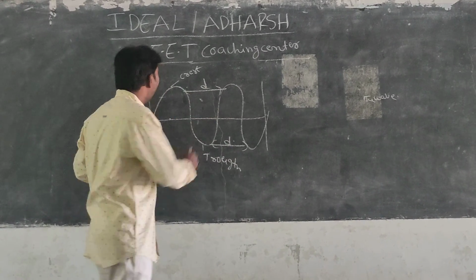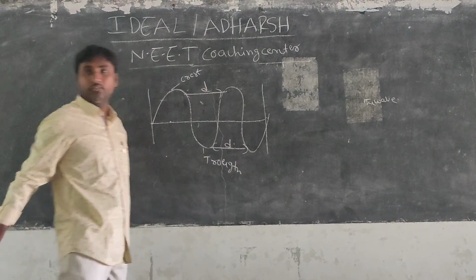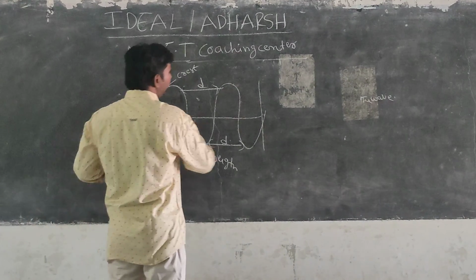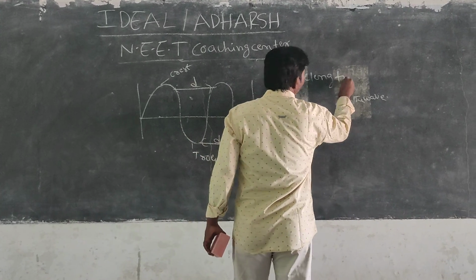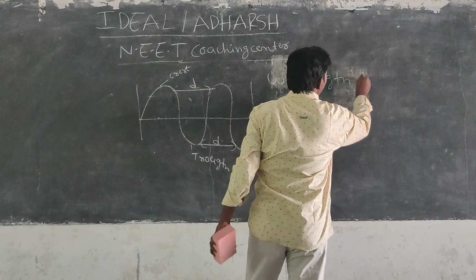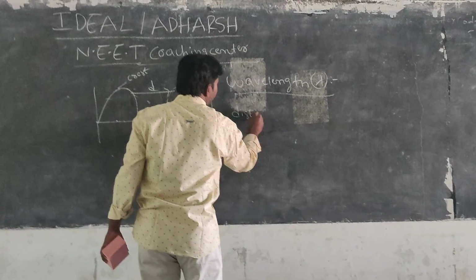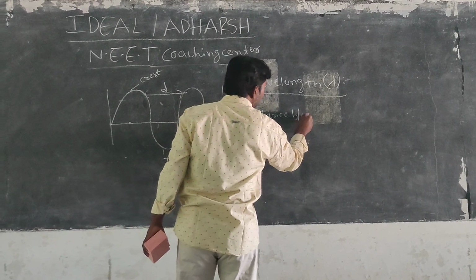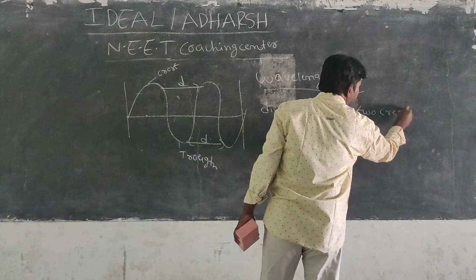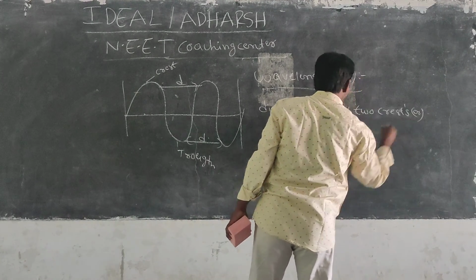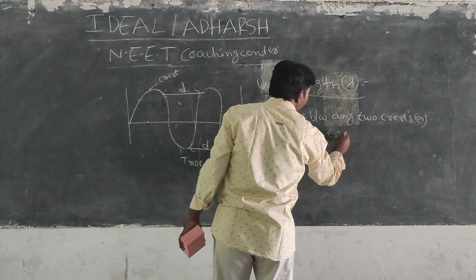So the distance between any two crests or any two troughs is called wavelength. It is represented by lambda.